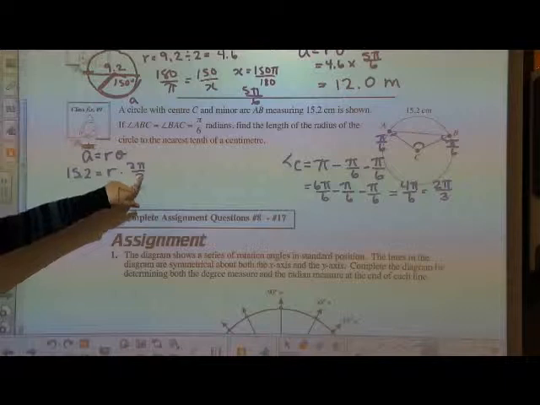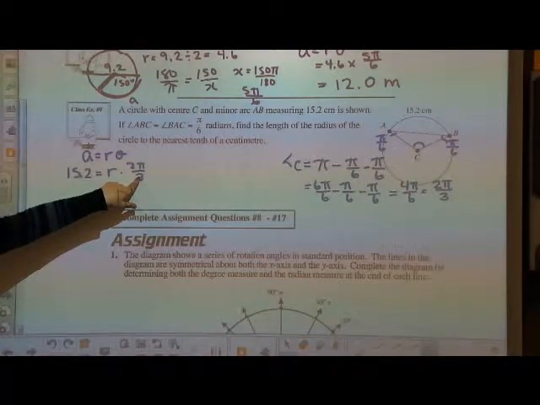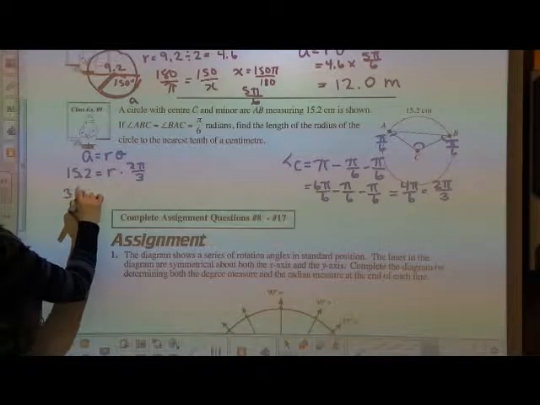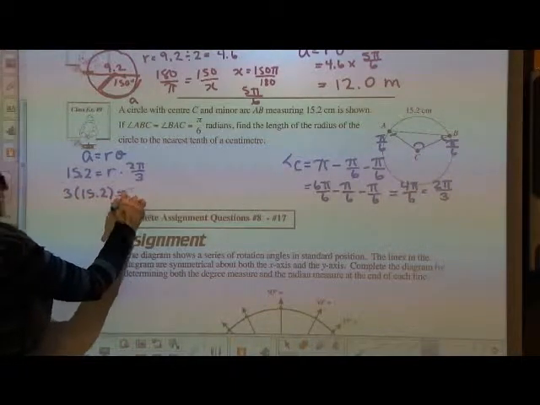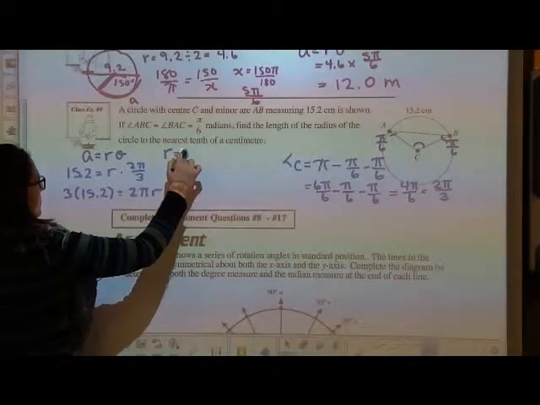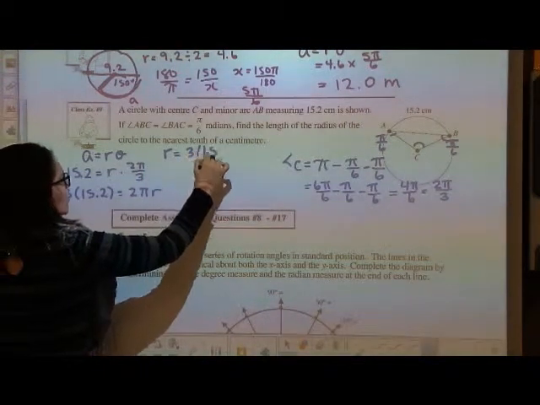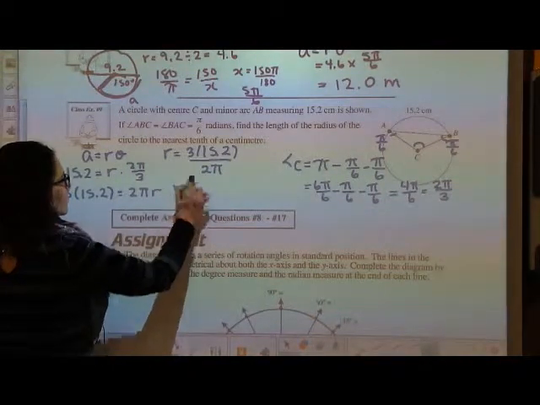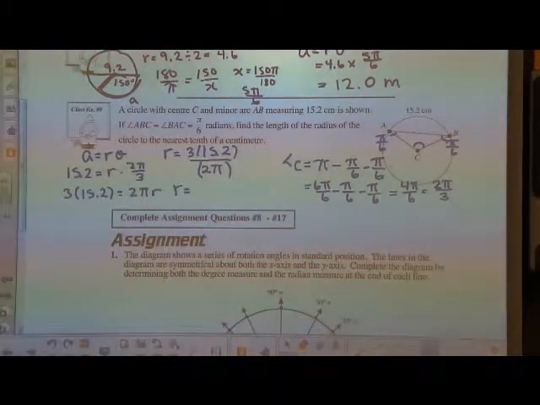So how do I get rid of the dividing by 3? Multiply by 3. And then I get 2 pi r, and then divide by 2 pi. So 3 times 15.2 divided by 2 pi. Make sure that your 2 pi is in brackets, because it has to do that calculation first.